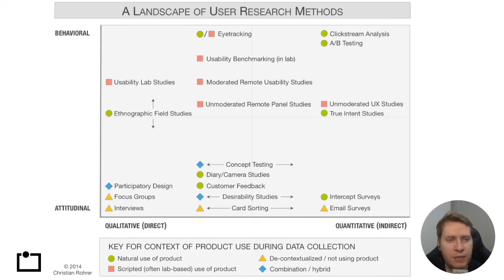Here we have some methods distributed across the chart, and I have here email surveys as a quantitative technique that we can use to have data collected from a huge user base. And also I have methods such as interviews, that is a qualitative and also attitudinal technique that allows us to identify what people say about the product.